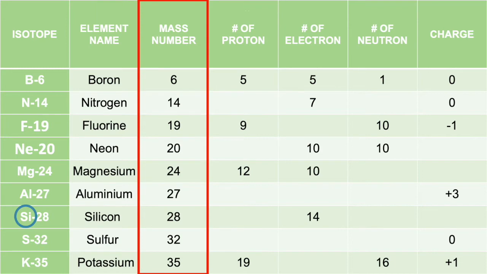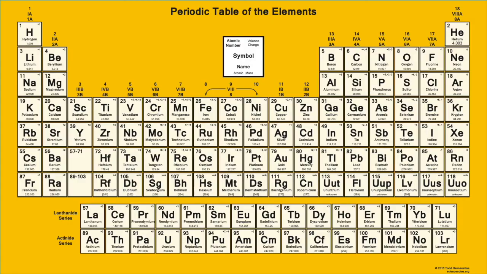Let us proceed to identifying the mass number of the element. You can actually use the periodic table to identify the mass number of a given element.